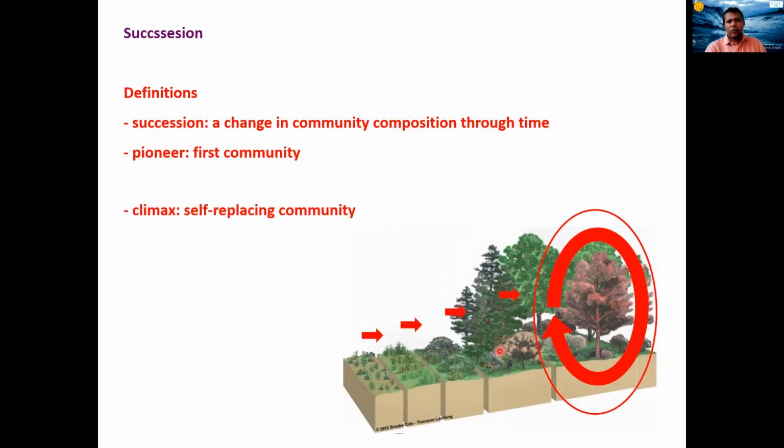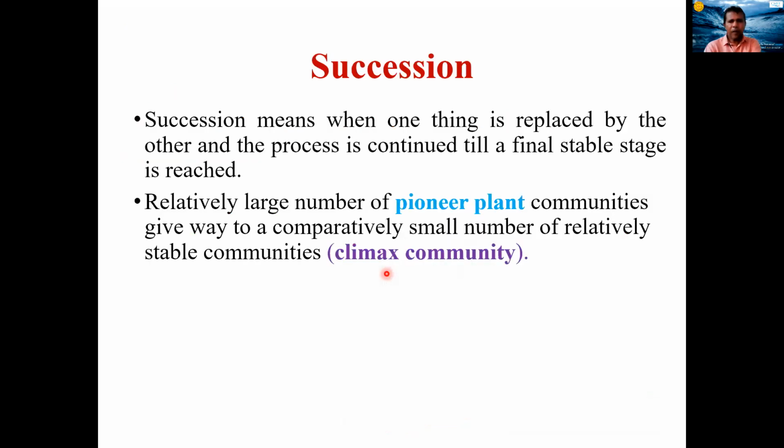Let's go a little bit further into this succession. The term is very clear: succession is changing the community, particularly the species composition of the community, over time. And that happens from a pioneer community up to a climax community.